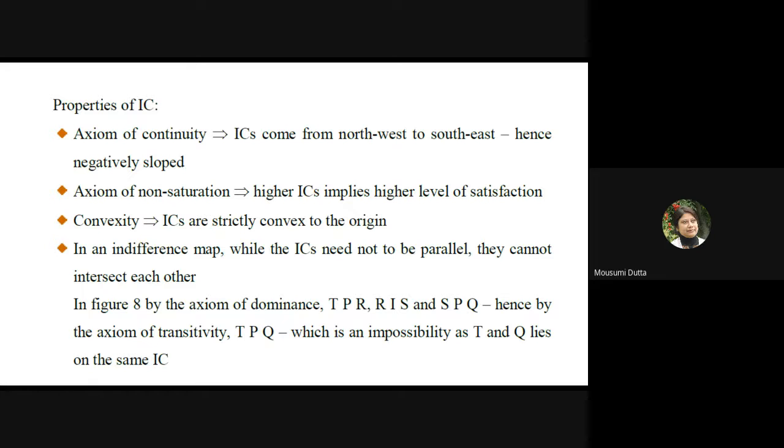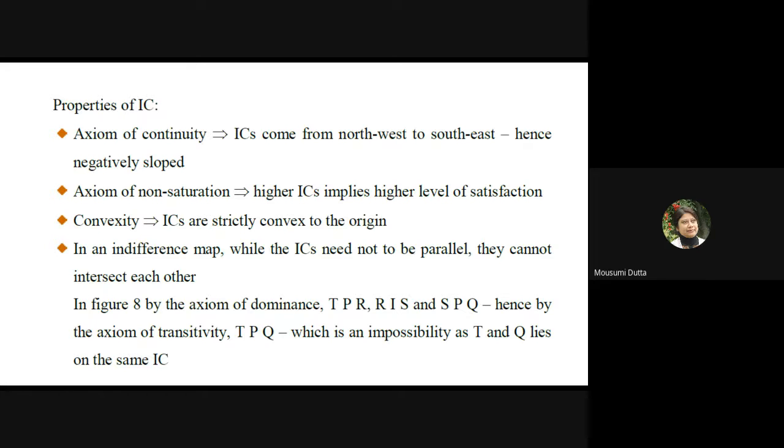Now I am coming to the fourth property, which we didn't discuss so far. In an indifference map, while ICs need not be parallel, they cannot intersect each other. I'm talking about an indifference map now, the entire commodity space, and I'm saying that in a commodity space, I can consider more than one indifference curve.